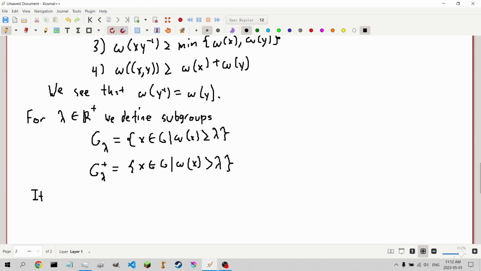We also see that if an element X is inside G lambda, and we have some element Y in G, then the commutator of X by Y is equal to X mod G plus of lambda.